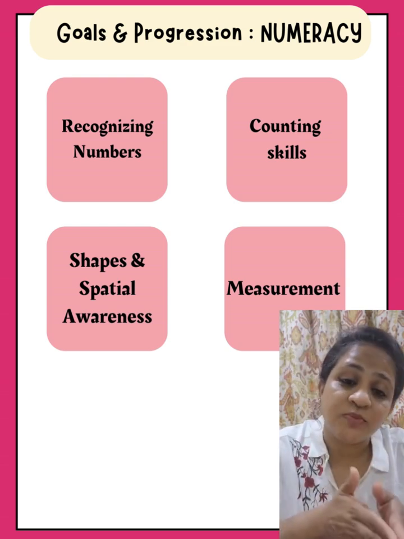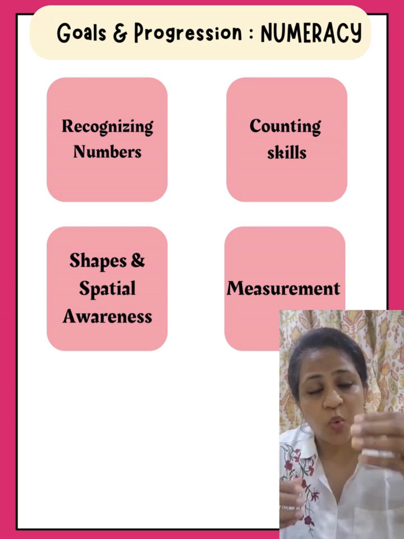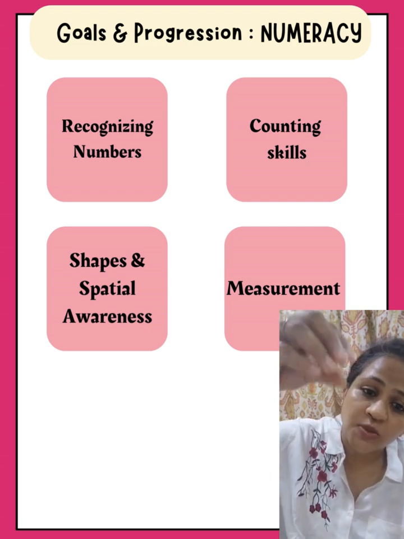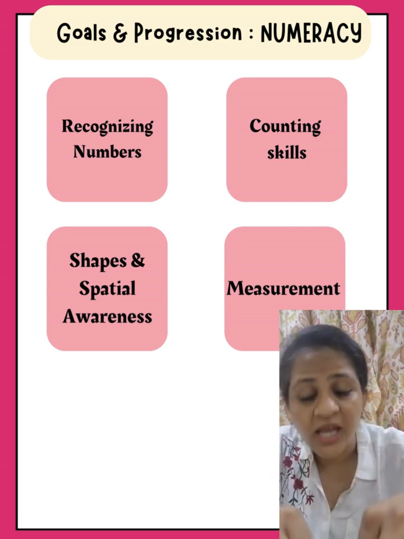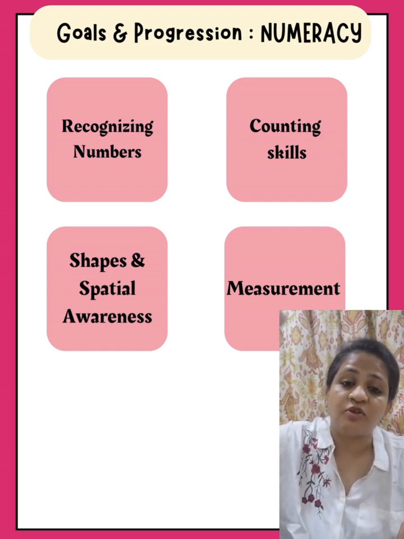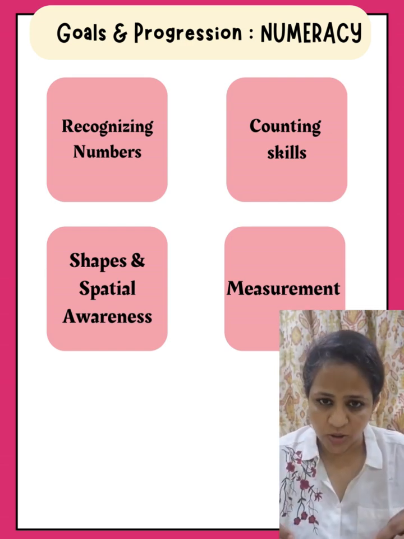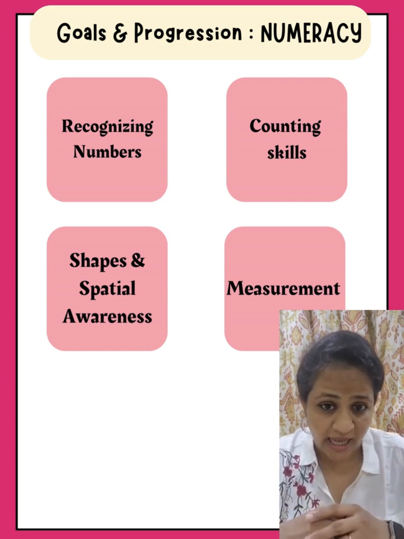With number recognition come counting skills. If you are given number 1, how many blocks will you put? It will be 1 block. If there's number 3, how many blocks? It will be 1, 2 and 3 blocks. That is what we aim for.